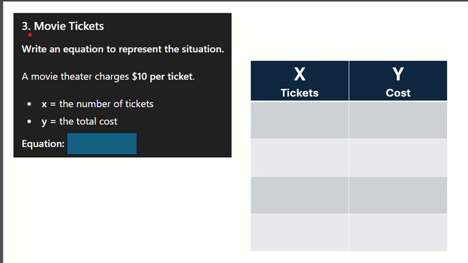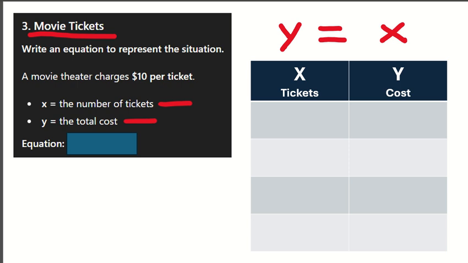But what if we're talking movie tickets? A movie theater charges $10 per ticket. Well, we know the value of y depends on the value of x. And we know that x is going to represent the number of tickets, and then, of course, y is the total cost.